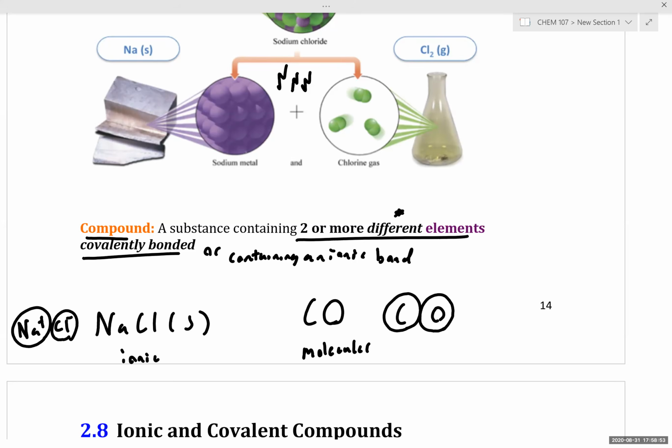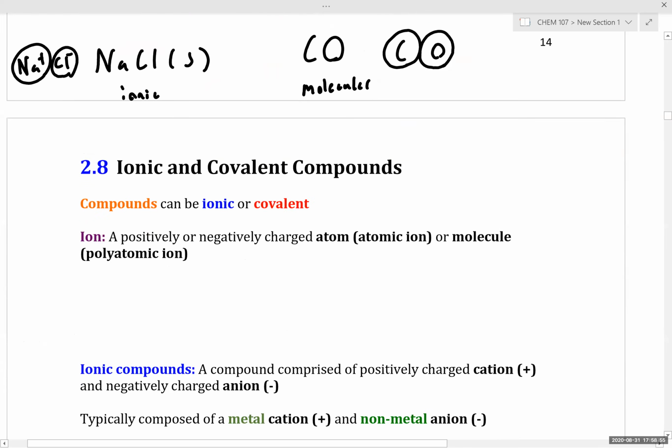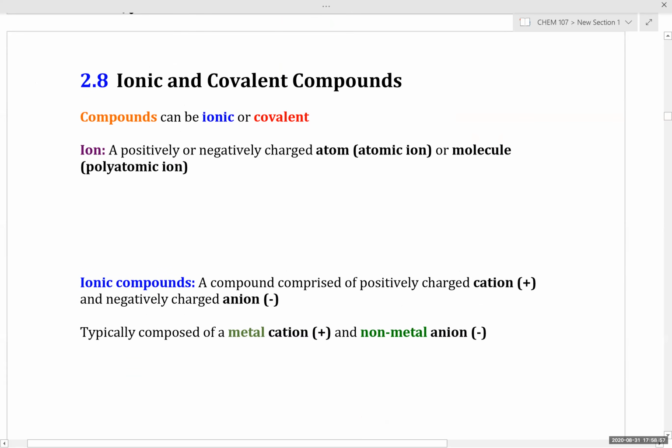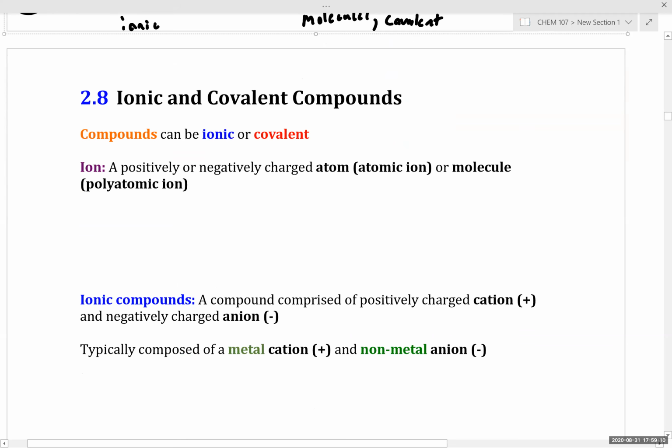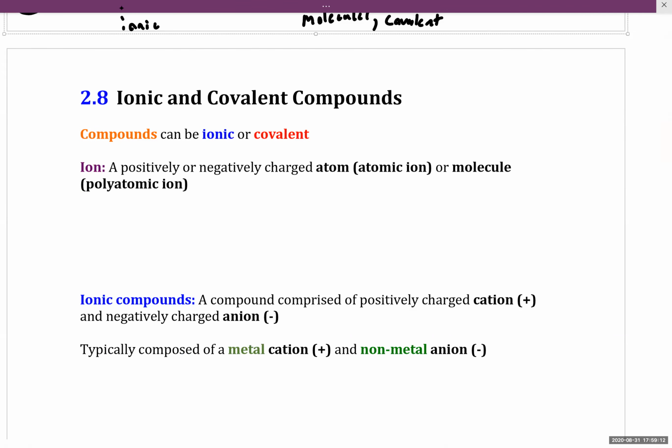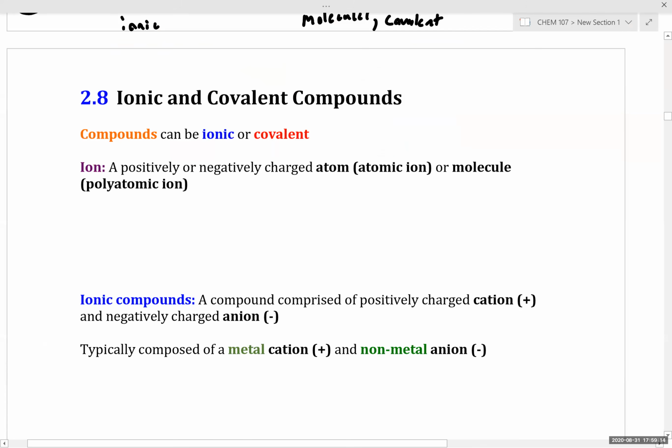If not, let's now delve into this ionic and molecular compound distinction, or ionic and covalent compound distinction. So first and foremost, compounds can be either ionic or covalent. Now, to talk about ionic compounds, we first need to define the word ion.